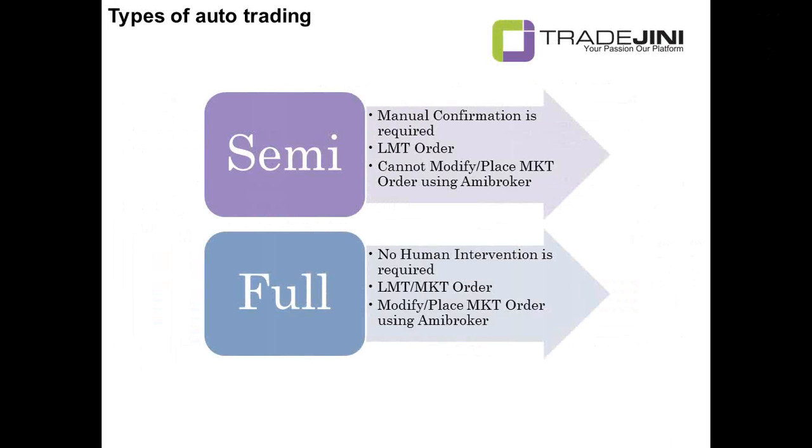And in semi-automatic trading, the exchange says only limit orders are allowed and market orders are not allowed. You cannot modify or place market orders using AmiBroker. Currently the Nest Plus API itself does not support market orders or modifying orders, because it is an exchange regulation put in place to limit the traders' functionality. Basically, the exchange doesn't want retail traders at this point of time to take more risk in the market.